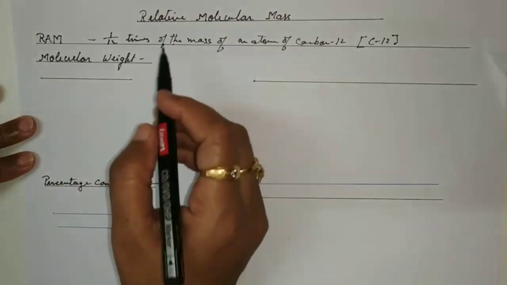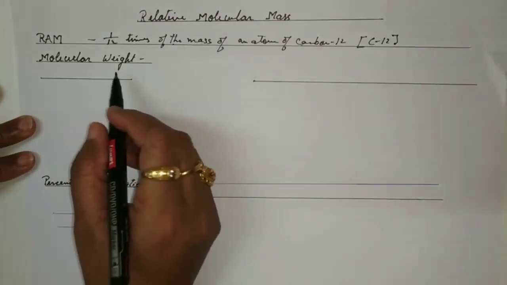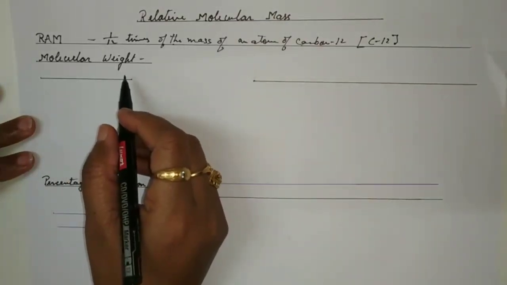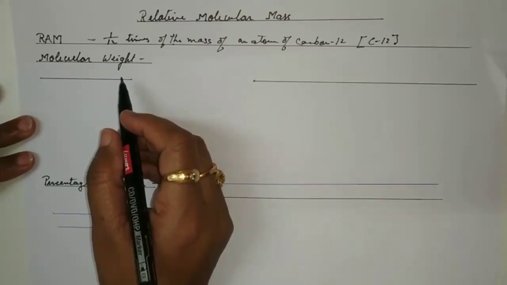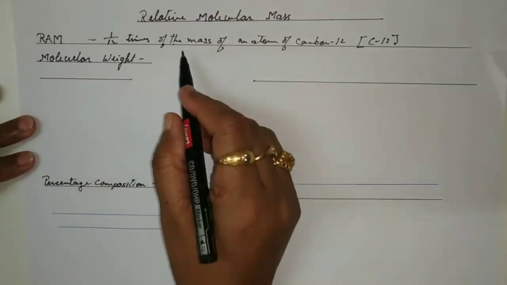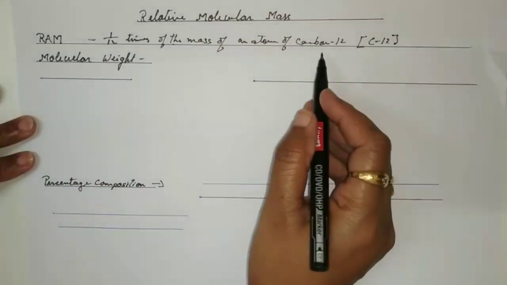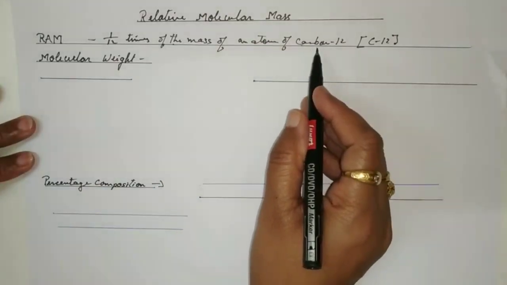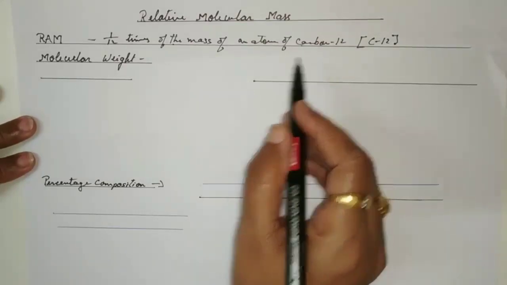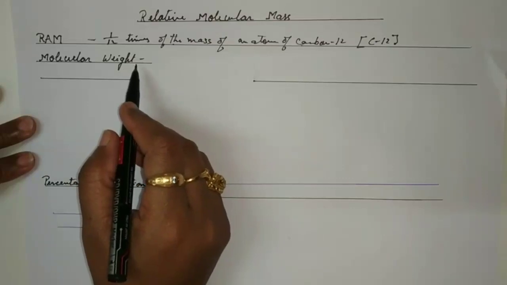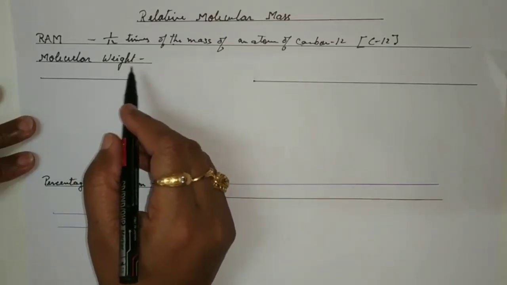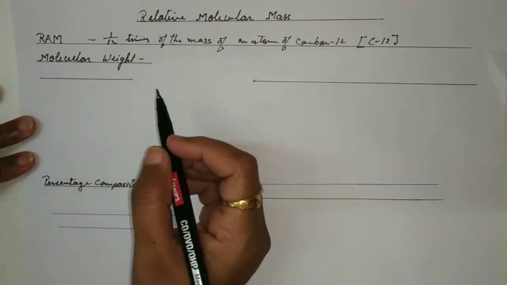The next one is relative molecular mass, which is the molecular weight of an element or a compound, and is the number of times one molecule of the substance is heavier than 1 by 12 times the mass of an atom of carbon 12, which we take as standard. Compare with the atom to get the relative atomic mass, compare with the molecule to get the relative molecular mass.